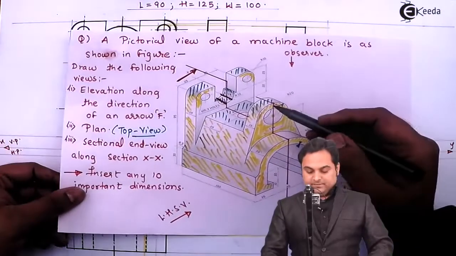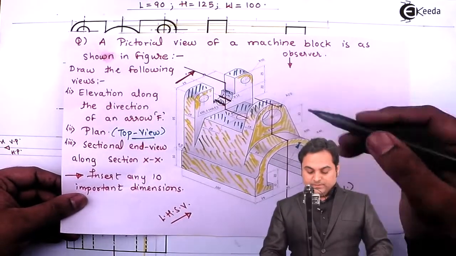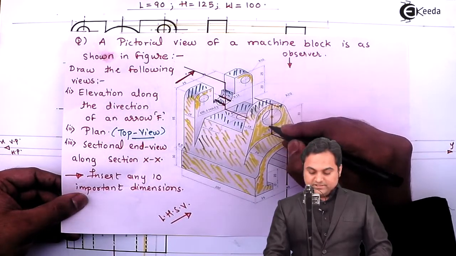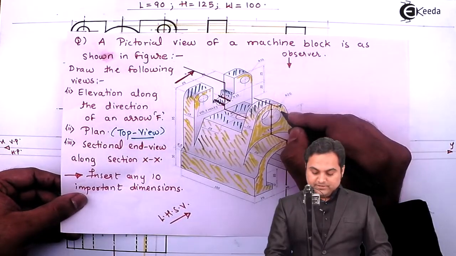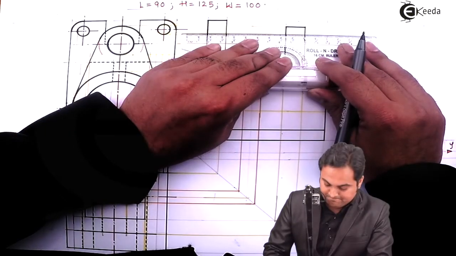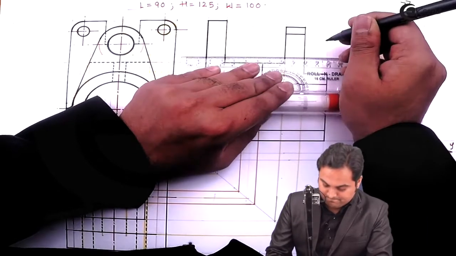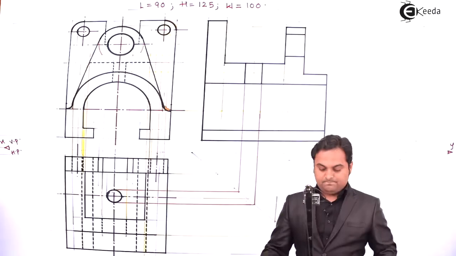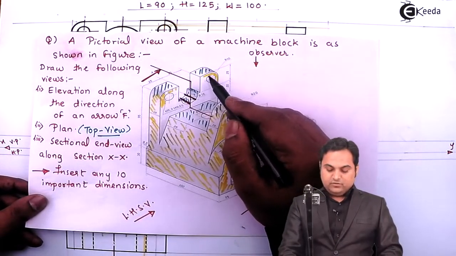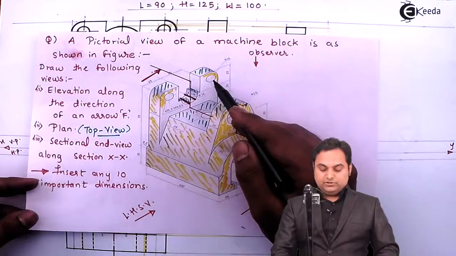Then as the cutting plane is passing through this circle as well, the half of it has been removed. So this remaining half will appear as a rectangle. I'm making it dark. Inside this plate, the circle would be hidden because it is not getting cut.